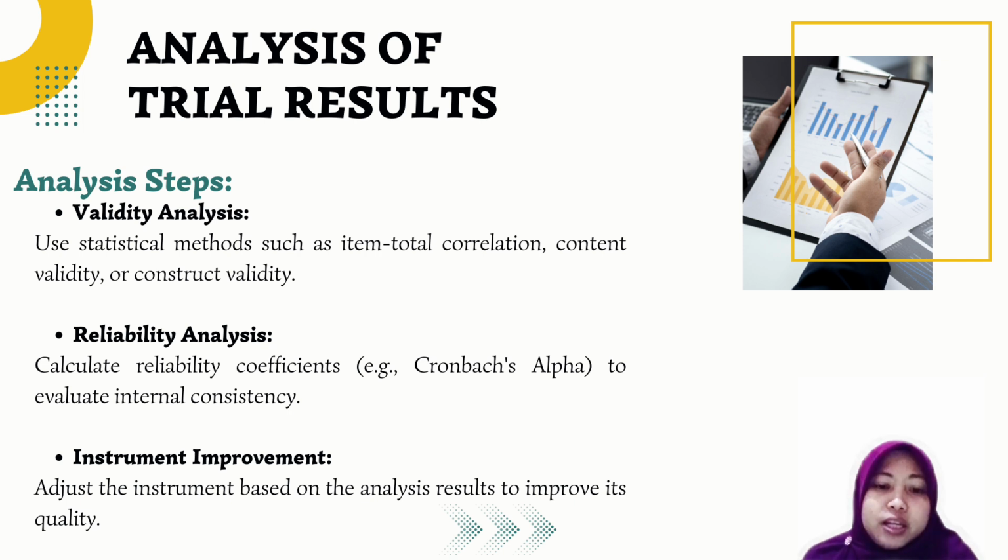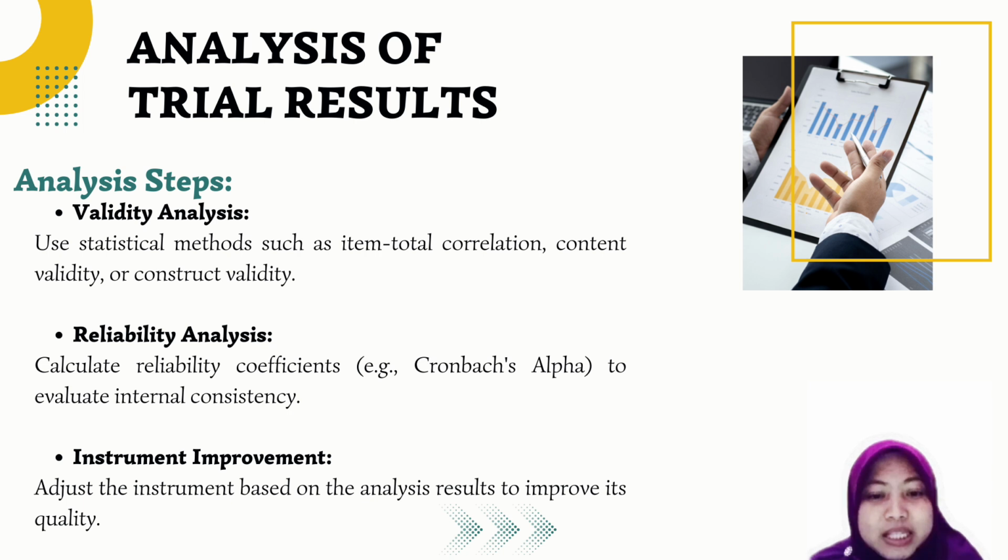If the coefficient shows a high number, usually above 0.7, then we can say that the instrument has good internal consistency. If the results of the analysis show that there are items that are not valid or reliable, we need to make improvements to the instrument.